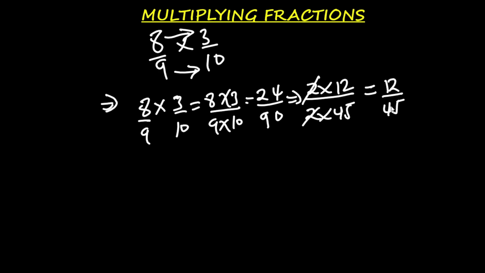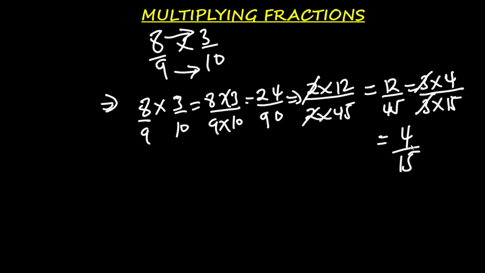Now we have to simplify it further. You also have to find the common number that appears both up here and down here. We know that 3 times 4 is 12 and 3 times 15 is 45. The 3 crosses out. I have 4 over 15.